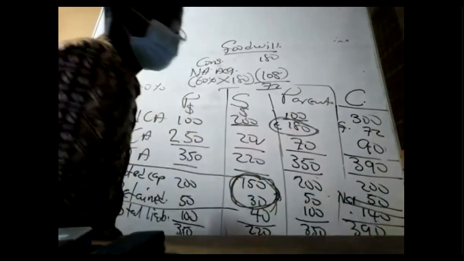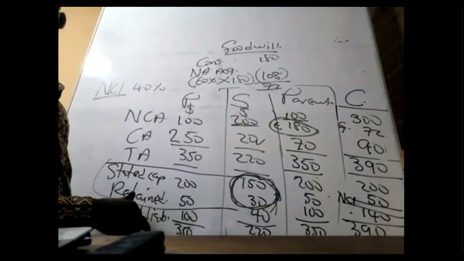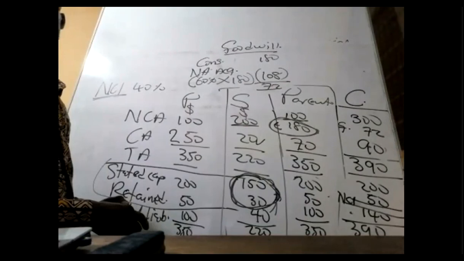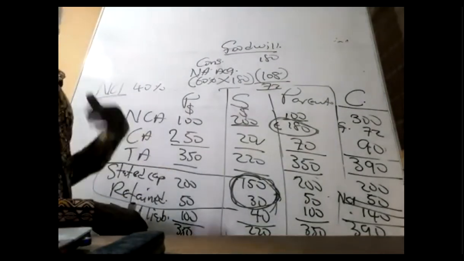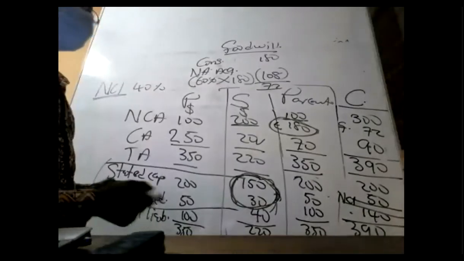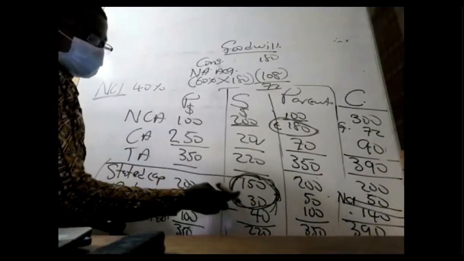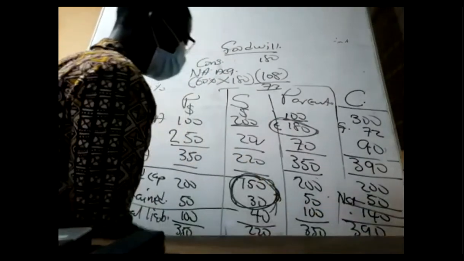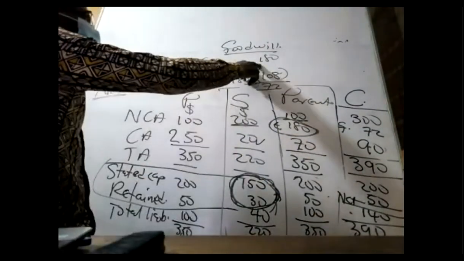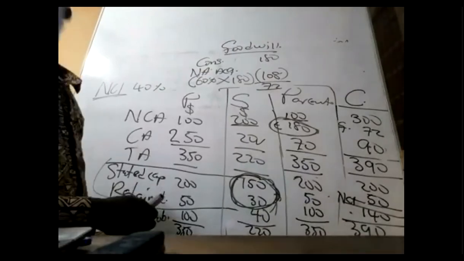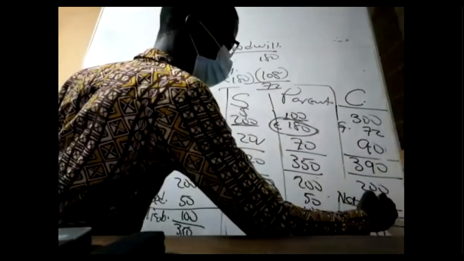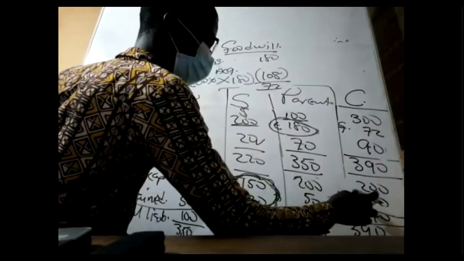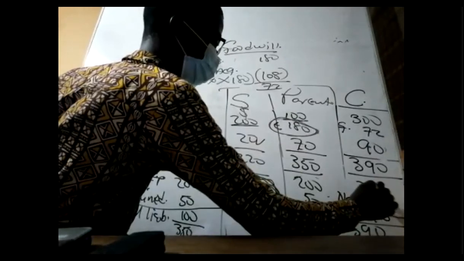That's their position. So in the consolidated financial statement, tell the examiner NCI. Those people do not have control. They have interest, but they don't have control. So you find 40% of the total net asset. 40% of 180 should give us 72.